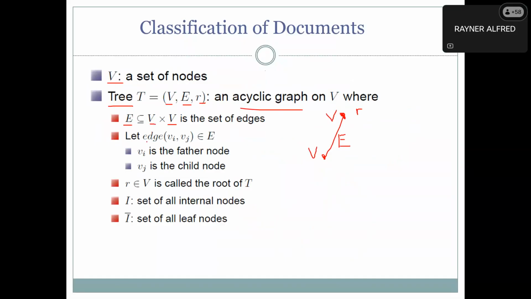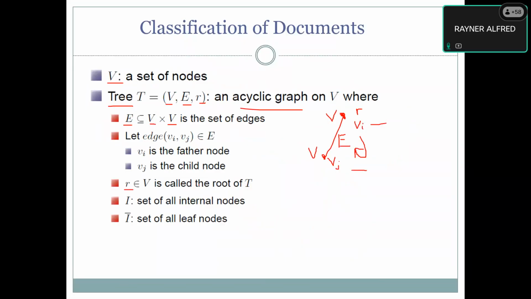Okay. And they said let edge (Vi, Vj). So they're assuming that, in general, we have Vi and Vj belonging to the edges that we have. Vi is the father and Vj is the child.